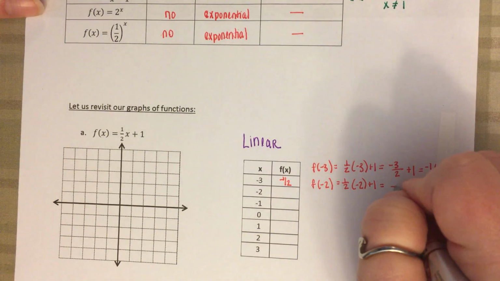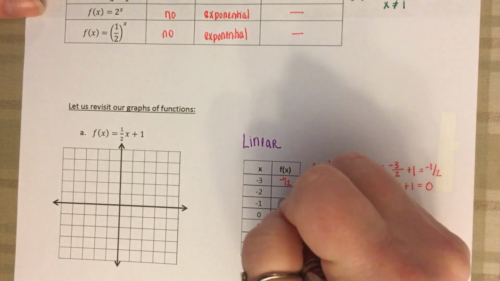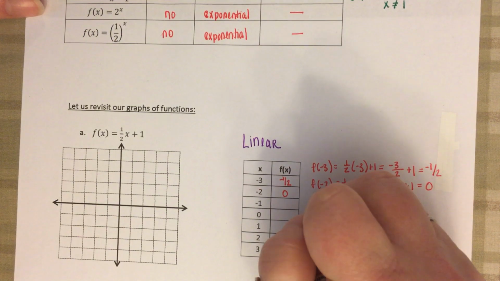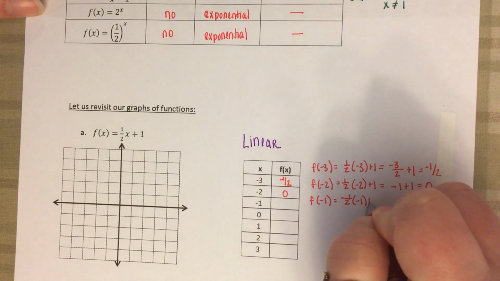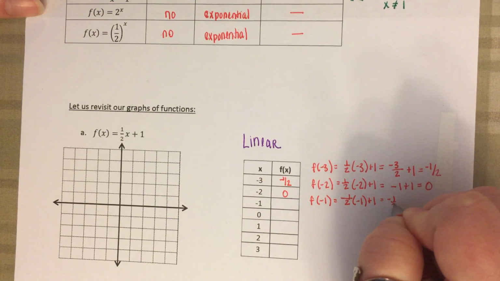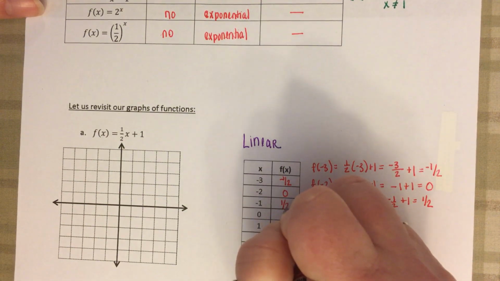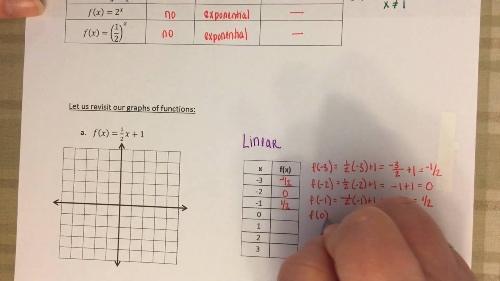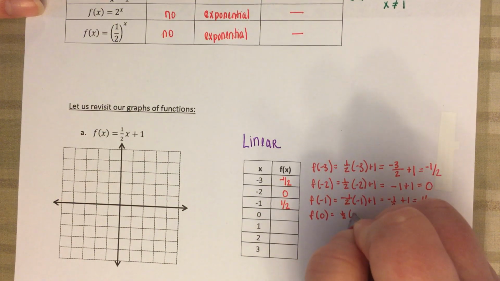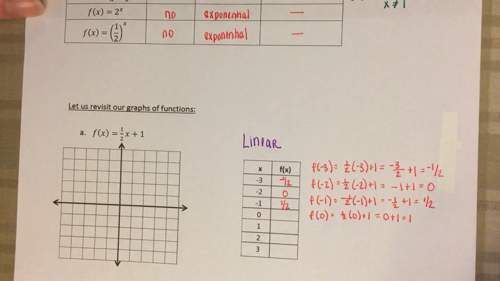Half of 2 is 1, so negative 1 plus 1 gives us 0. F of negative 1 is 1/2 times negative 1 plus 1. Negative 1/2 plus 1 is positive 1/2. F of 0, 1/2 times 0 plus 1. 0 plus 1 is just 1.